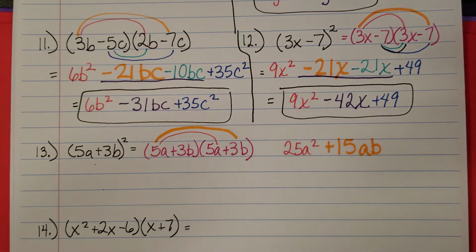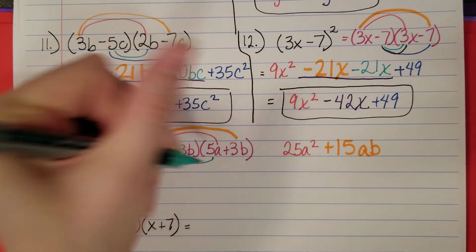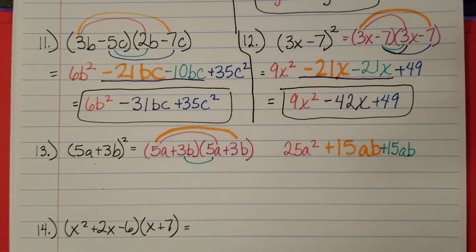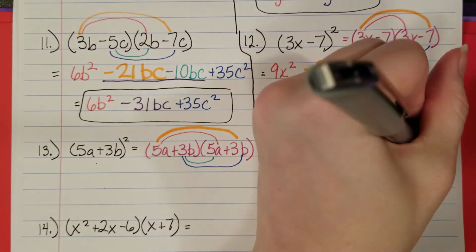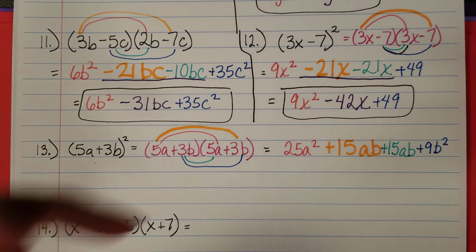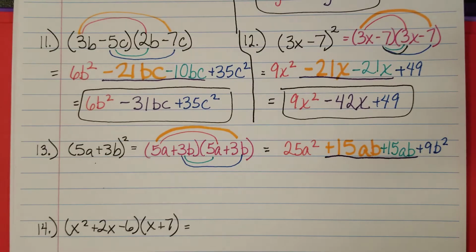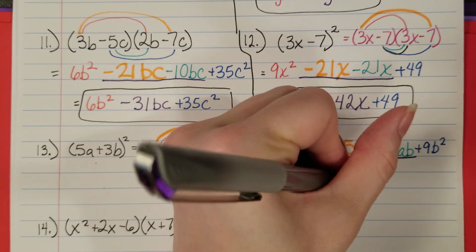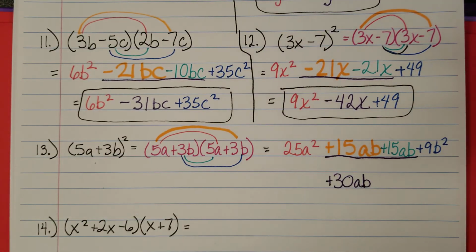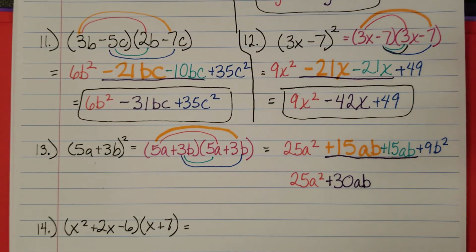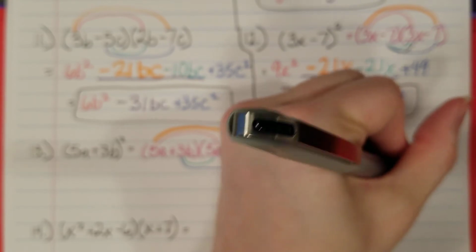And then inside, 3b times 5a is plus 15ab. And last, 3b times 3b is plus 9b squared. And then we're going to combine the like terms in the middle. So 15ab plus 15ab equals positive 30ab. Bring down 25a squared and bring down plus 9b squared.